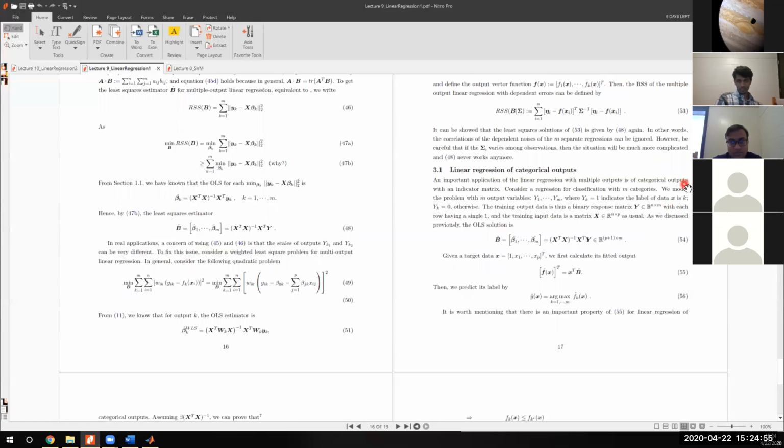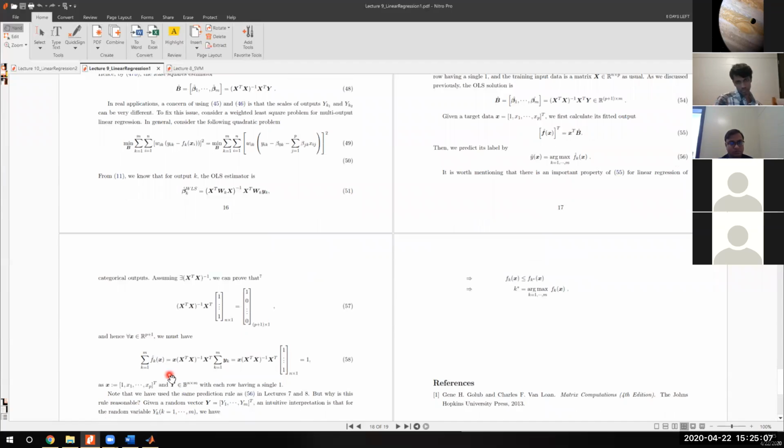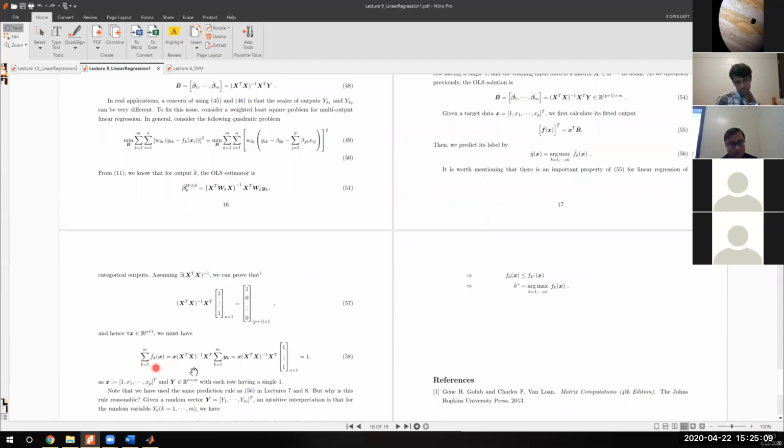So for each row, meaning for each data point, you must have one label, one category. That's the reason why for each row of y, there must be a 1 and all others are 0. So this one equals this, the sigma of y. And as we mentioned, the y's are categories, so the sigma of y's are going to be what? These y's are the column y's, okay? You know what I mean?